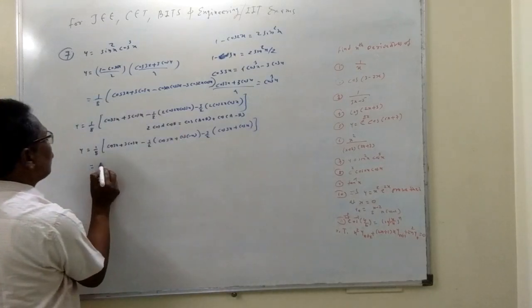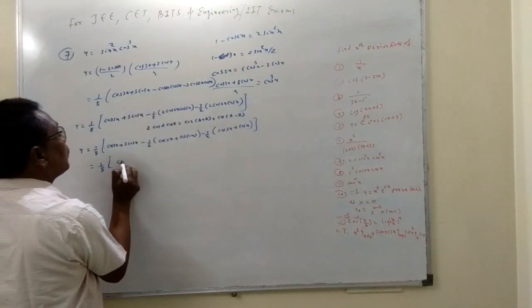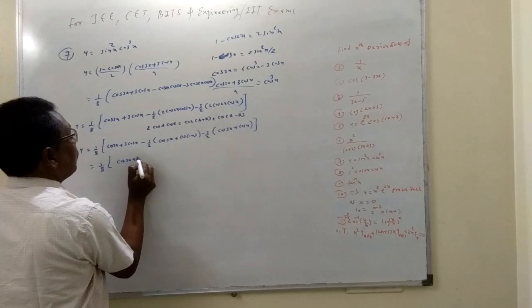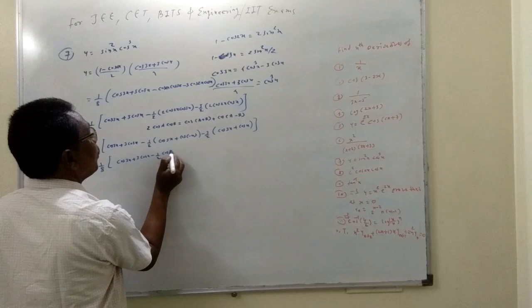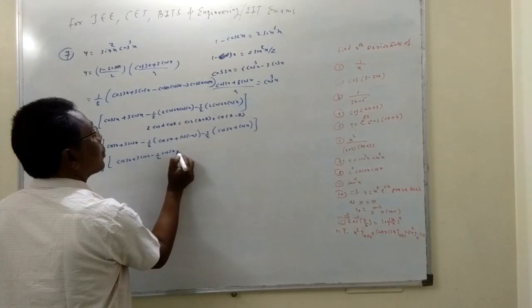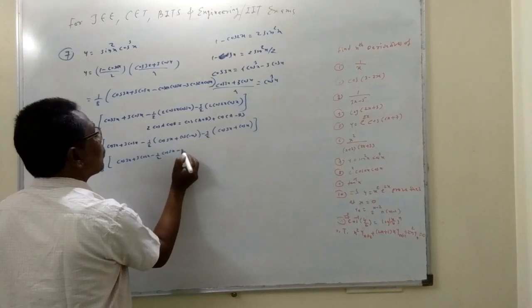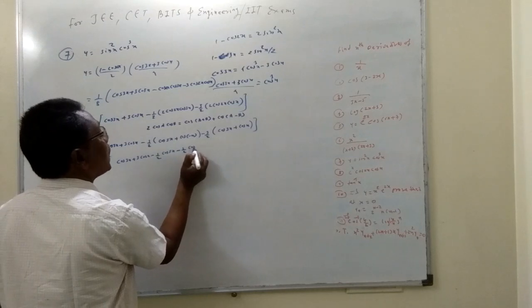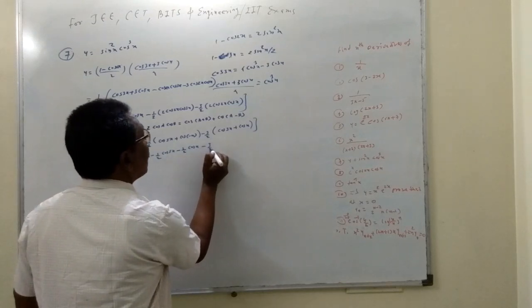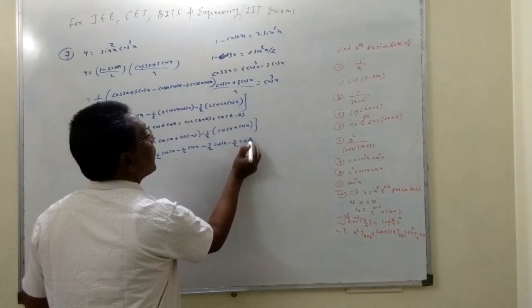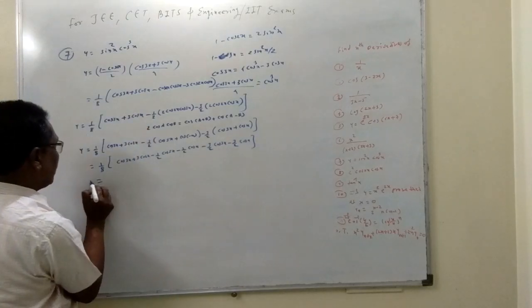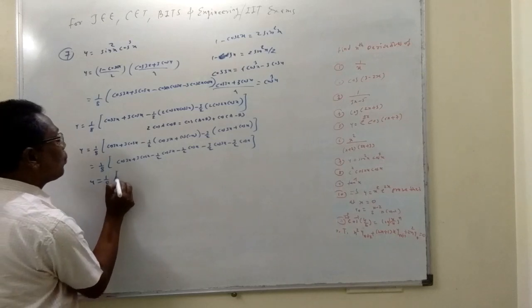So that is equal to 1 upon 8 into bracket cos 3x plus 3 cos x minus 1 upon 2 cos 5x. Cos of minus theta is cos theta. So minus 1 upon 2 cos x minus 3 upon 2 cos 3x minus 3 upon 2 cos x. So that is y is equal to, we get 1 upon 8 into bracket.